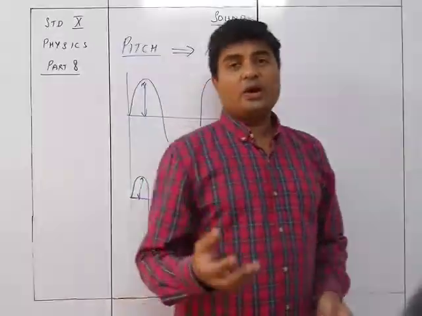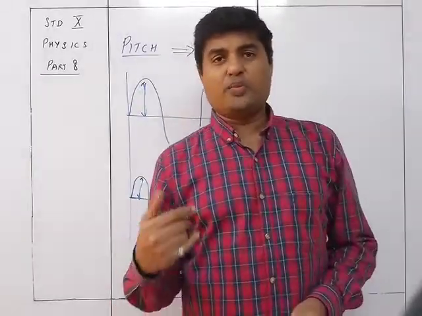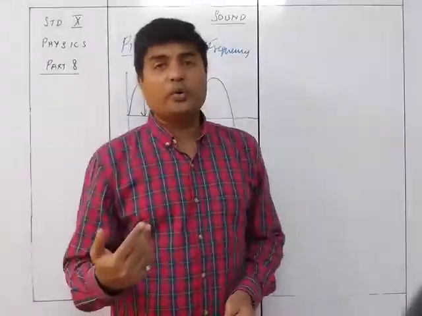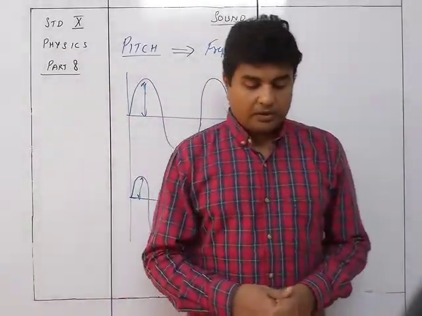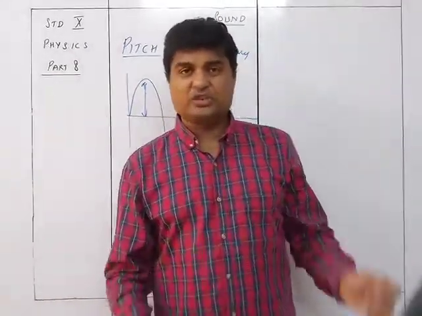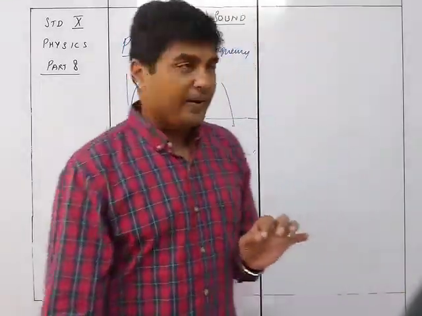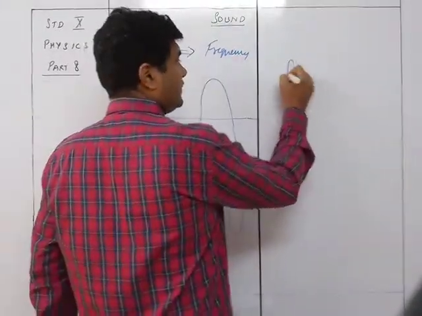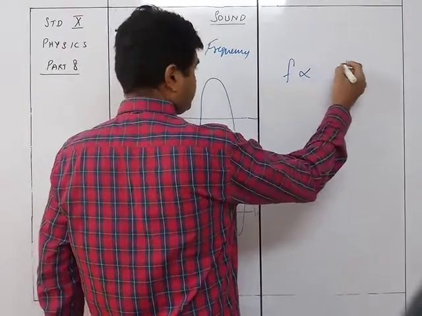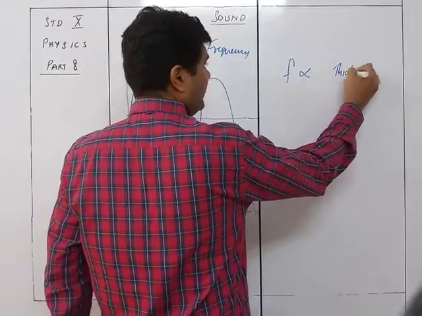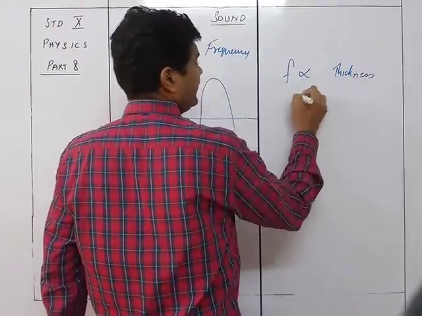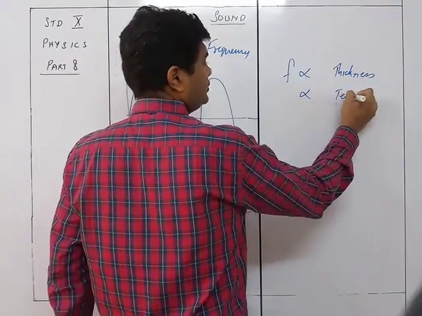So either you use a thinner string for more frequency, or you use higher tension for higher frequency. The frequency is going to depend upon the thickness of the string, and secondly upon the tension of the string.